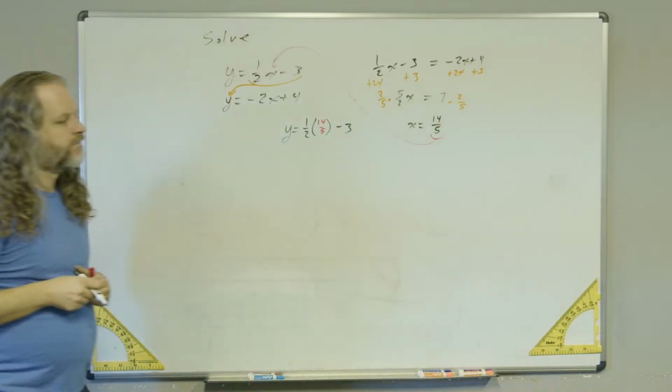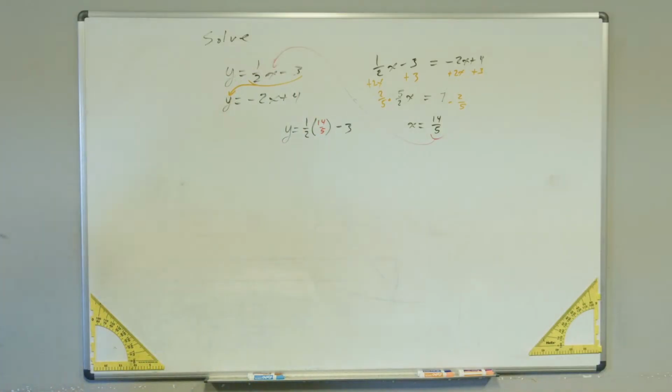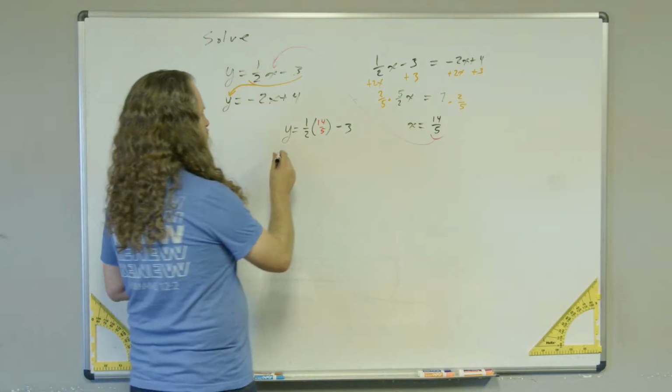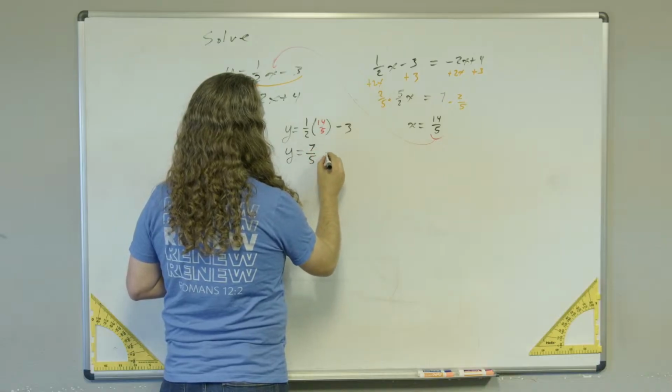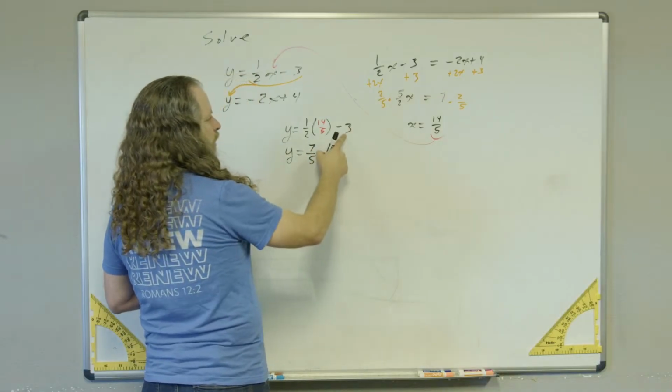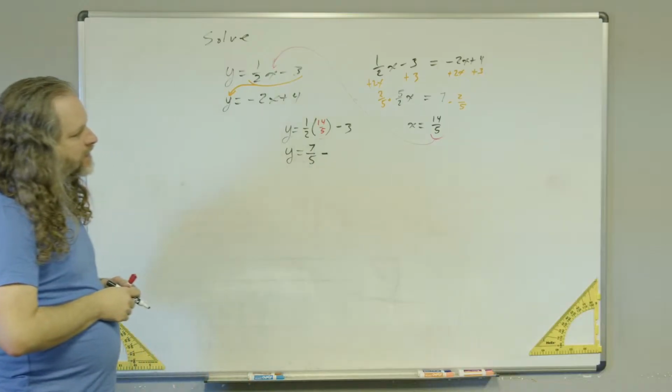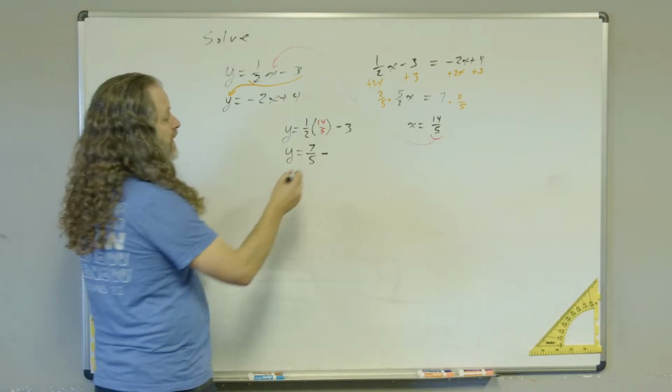Okay? So what's 1/2 times 14/5? 7/5, right? Maybe so. And if we go ahead and multiply the 3 times 5/5, we end up with 15/5, right?